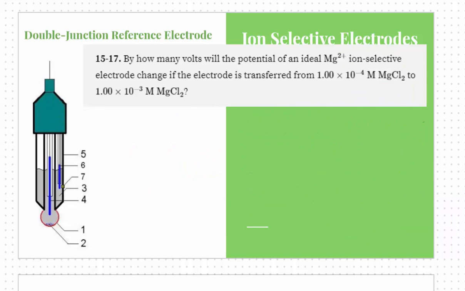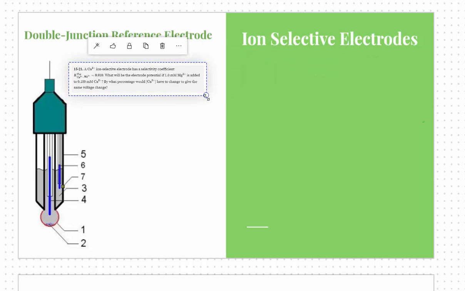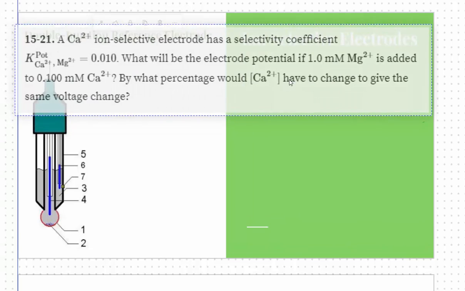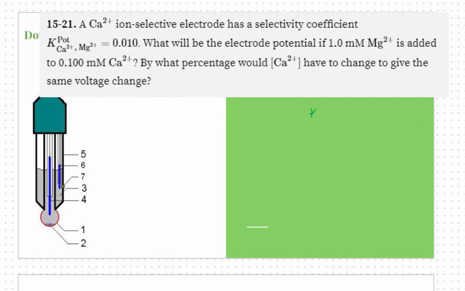What about that selectivity coefficient? When we have the selectivity coefficient, that is going to be added to our inert or non-interesting ions because it does interfere a little bit. So if we use number 21 from Harris, we have a calcium ion selective electrode with a selectivity coefficient K equal to 0.010.